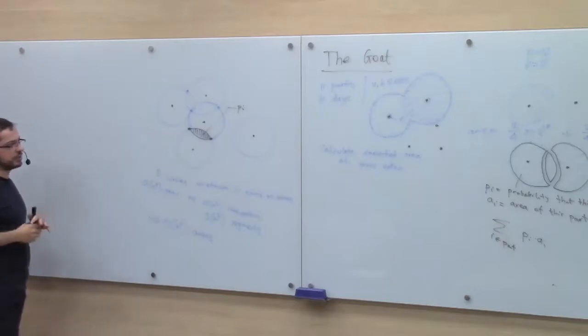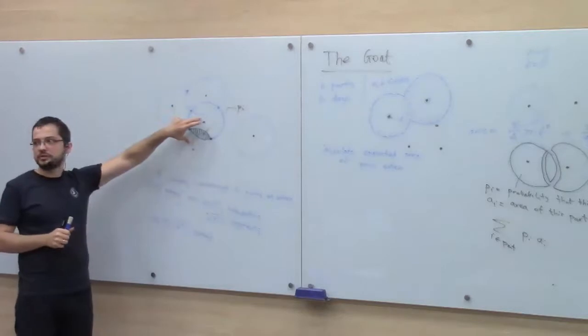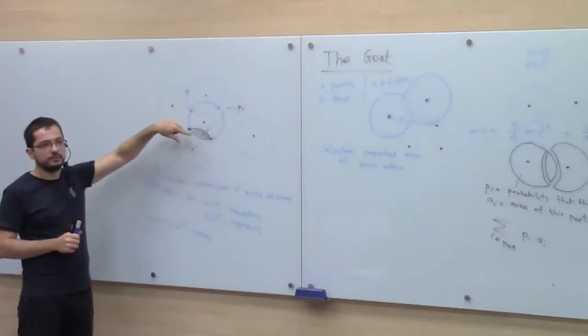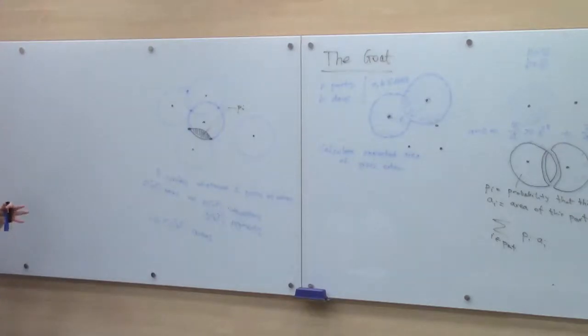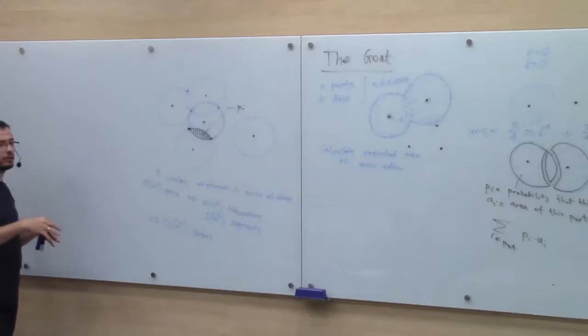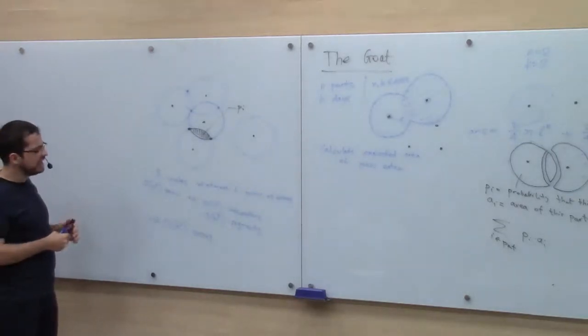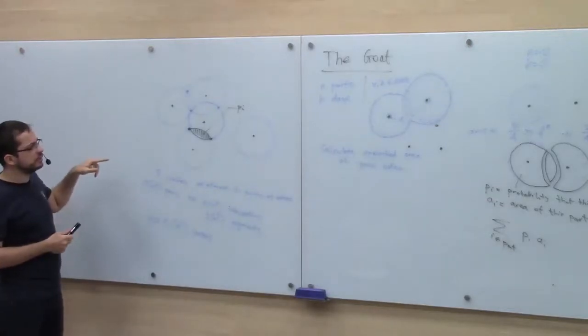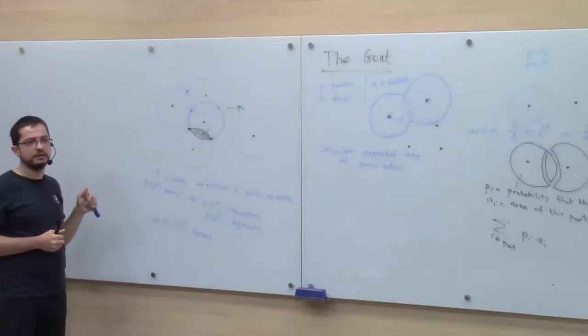So what we are interested in is how many circles are covering this part, because this is the important thing. The more circles cover the same part, the more probable it is that this part will be eaten. Actually, it's a little bit easier to calculate the probability that this part will not be eaten after k days.